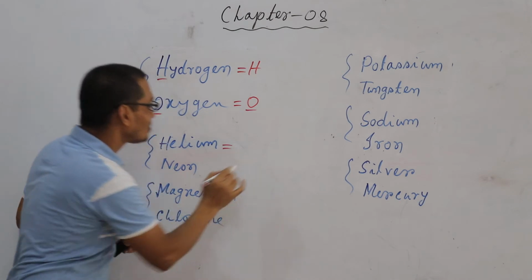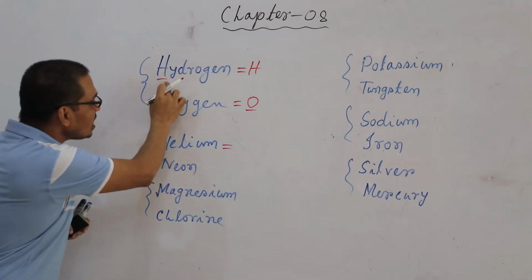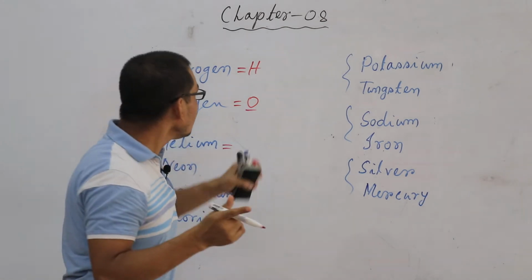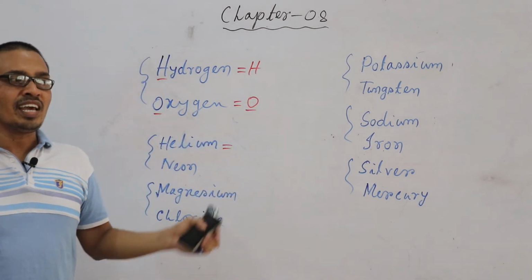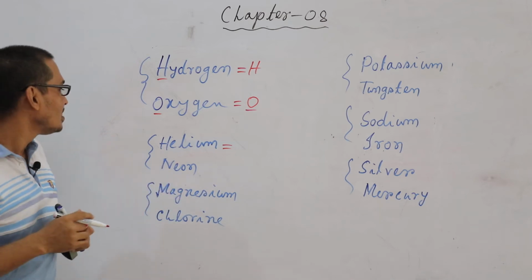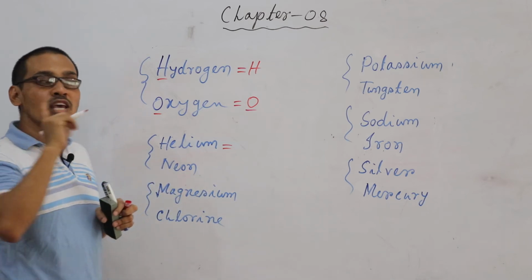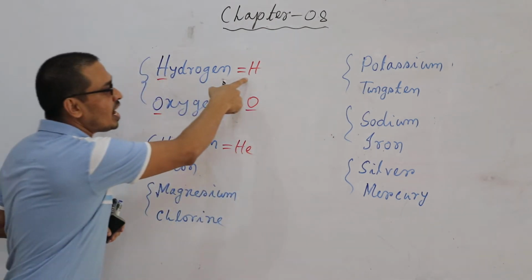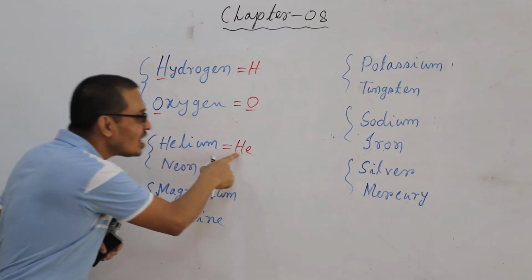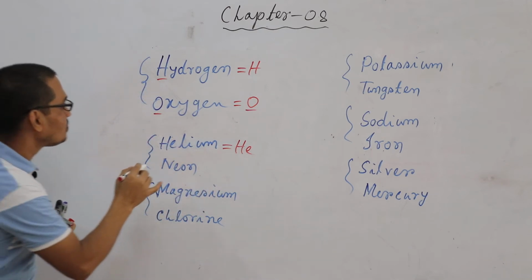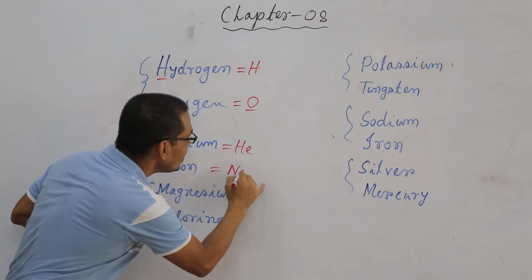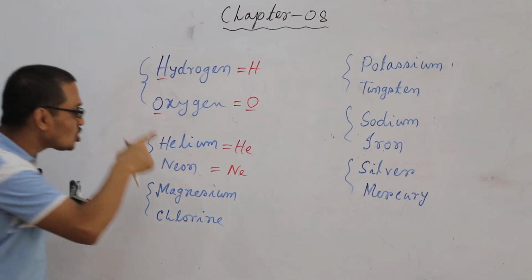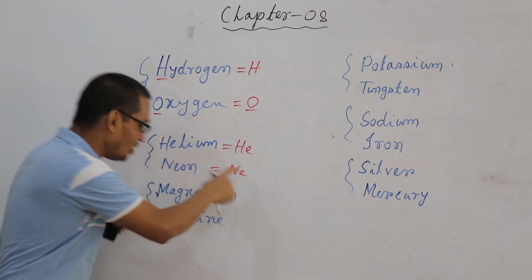Now helium: hydrogen and helium, both names start with H. In that case, we will use the first two letters, so H for hydrogen and He for helium. Clear? Next, neon, Ne. Another element, nitrogen, starts with N, that's why for neon, Ne.